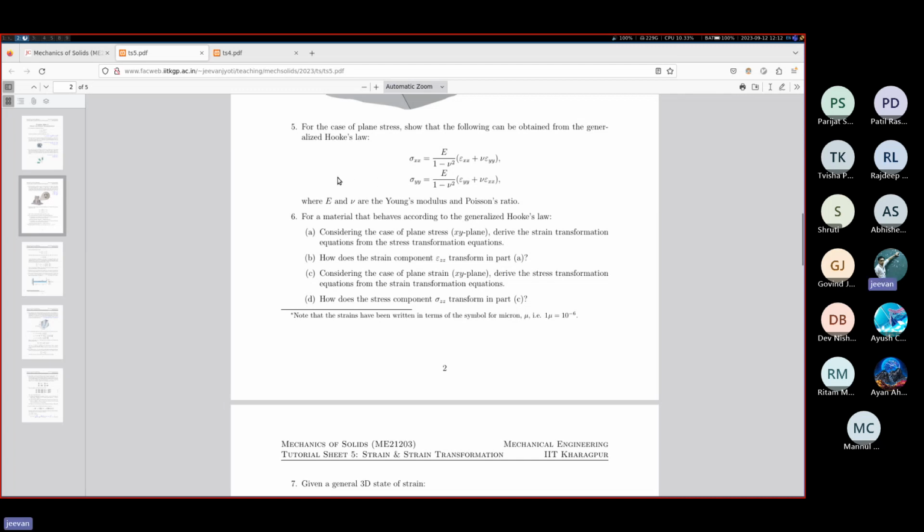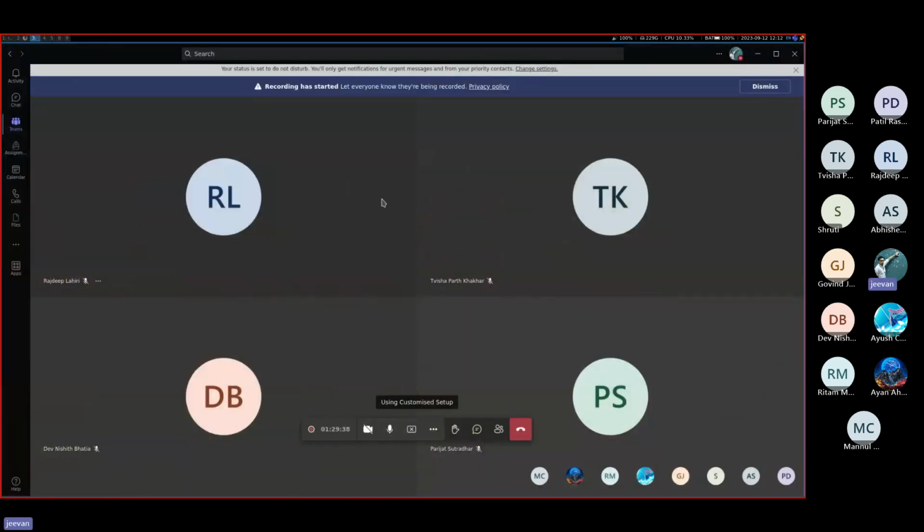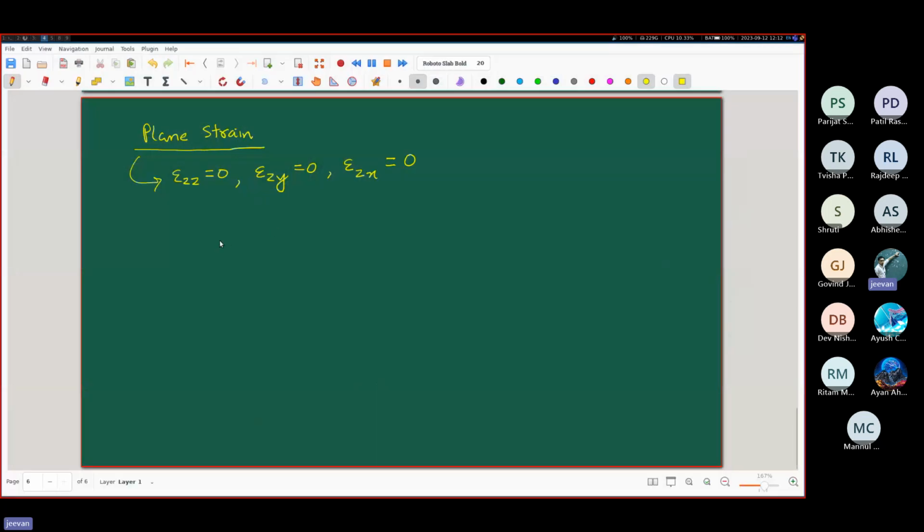Okay, so plane stress, we have sigma zz equal to 0, tau zy equal to 0, tau zx equal to 0.